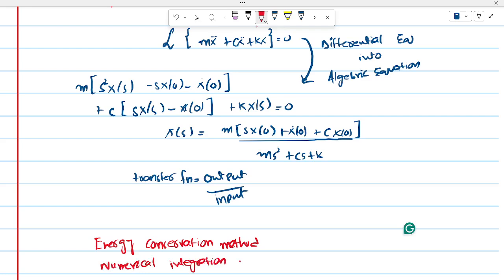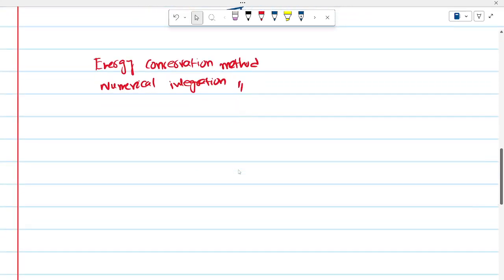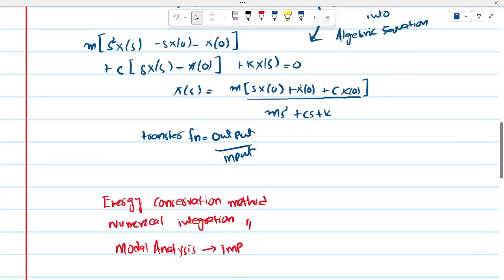Obviously we are not going to discuss all the methods in our course, we can't do it, but we will try to cover somehow all of them lightly, not too much. Another one is modal analysis. We will cover this one, that's an important one. So that's all for the different types of things.